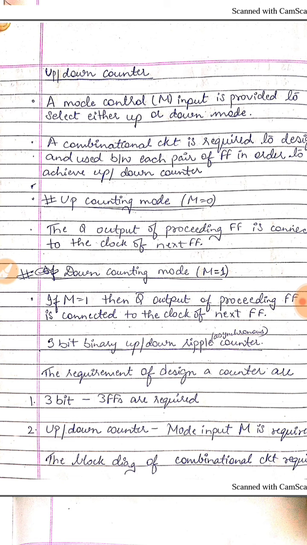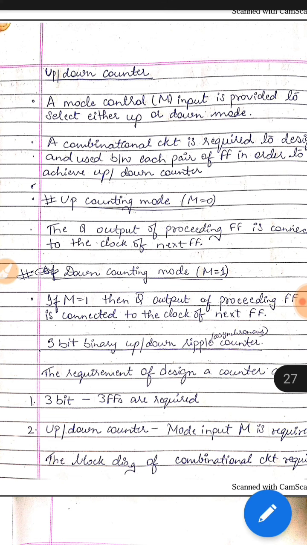While in the down counters we saw that if we want to count in the reverse order, that is, if it is a 3-bit counter, from 7 to 6, 6 to 5.